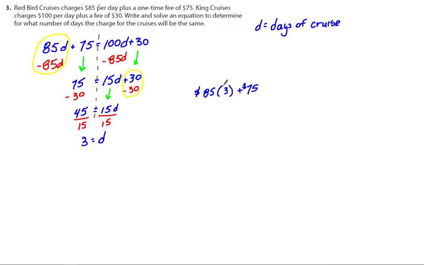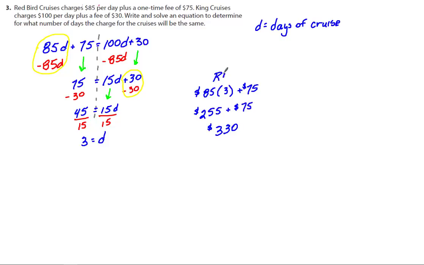So for the days, we're going to charge you 85 times 3. 3 times 8 is 24, so that's 240, plus 3 times 5 is 15, so that's $255 for your daily fee plus the 75. We're going to charge you a total of, let's see, 255, add the 5, that's 260, add the 7, that looks like $330 to cruise with us for 3 days.